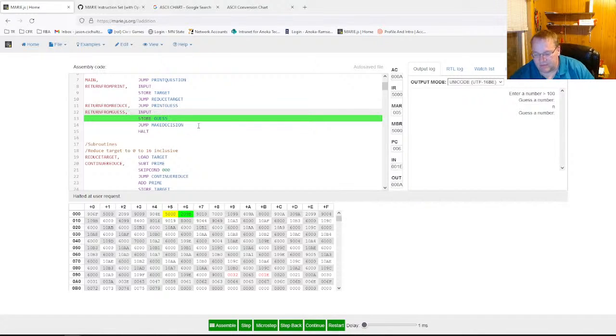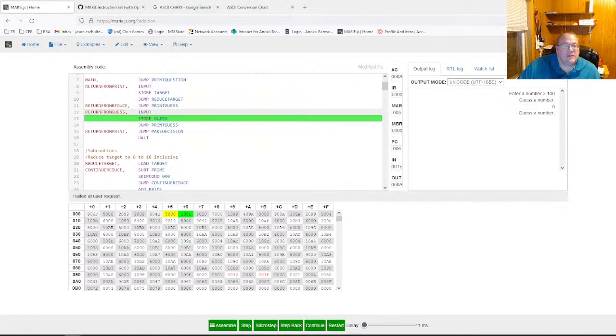So it stores the guess, and so then here I'm going to do a jump to print guess, and then here return from print. It's not the greatest thing because I'm running out of characters. But that's what we'll use to come back to here.